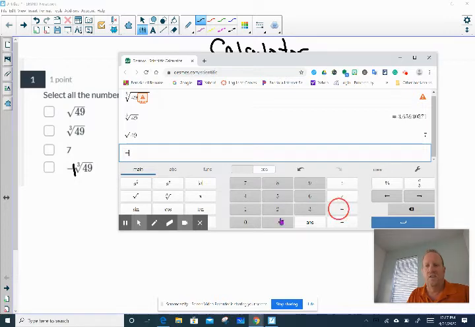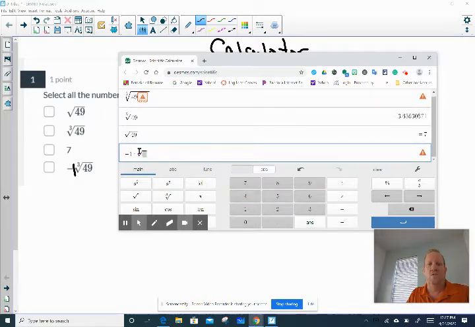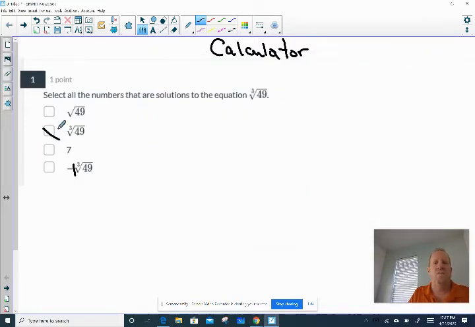For -1 times the cubed root of 49. Look, same numbers. However, there's a negative out in front. This is not the same. So if this were the case, this would be the only answer I would choose.